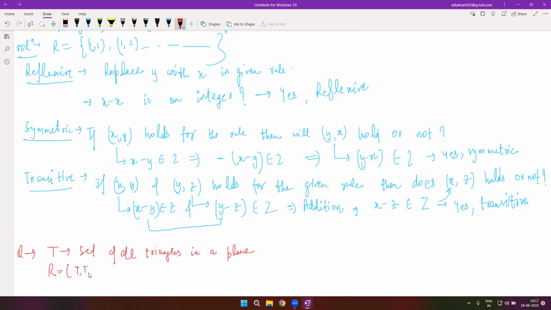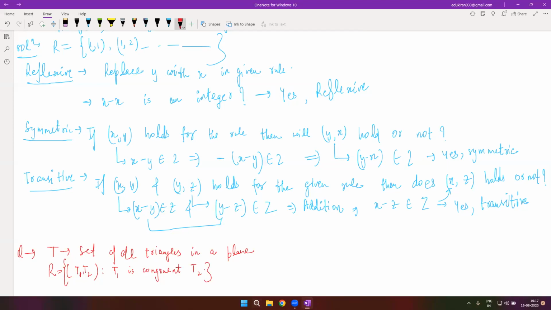Now what we are saying is that a relation R in this set T is formed, and the relation has this rule: T1, T2 is a part of the relation if they satisfy T1 is congruent to T2. That is, two triangles which are congruent to each other will be a part of this relation, right?